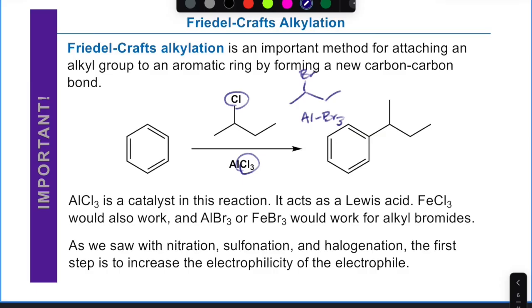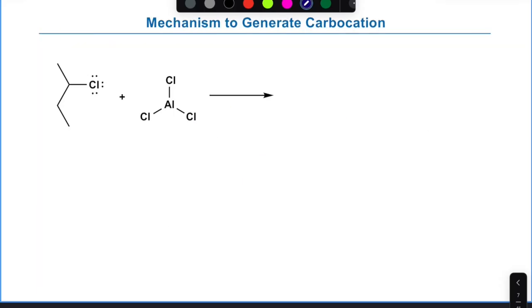Yeah, so the first thing we want to do is generate a really active electrophile. So how we're going to do that is use one of these lone pairs to attack the aluminum trichloride, which would generate this.